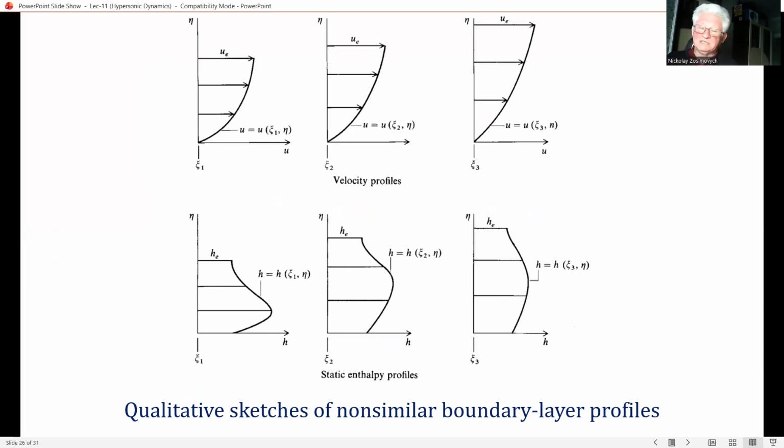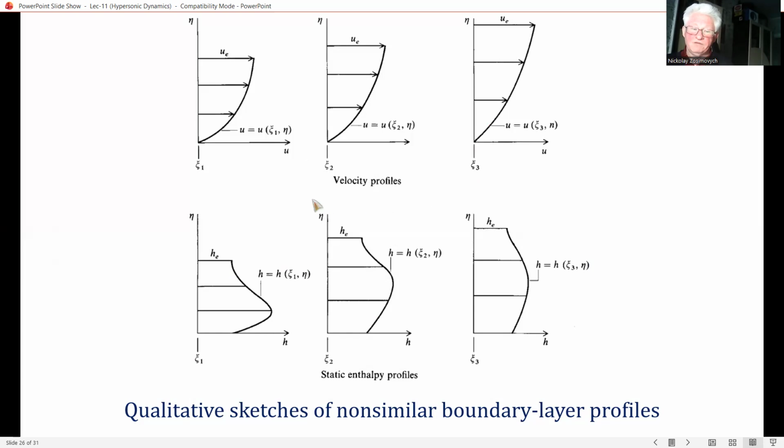At the top of this slide, velocity profiles, with eta as the coordinate, vertical, and u as the abscissa, horizontal, are shown at three different stations along the surface. In our case, denoted as zeta 1, 2, and 3.